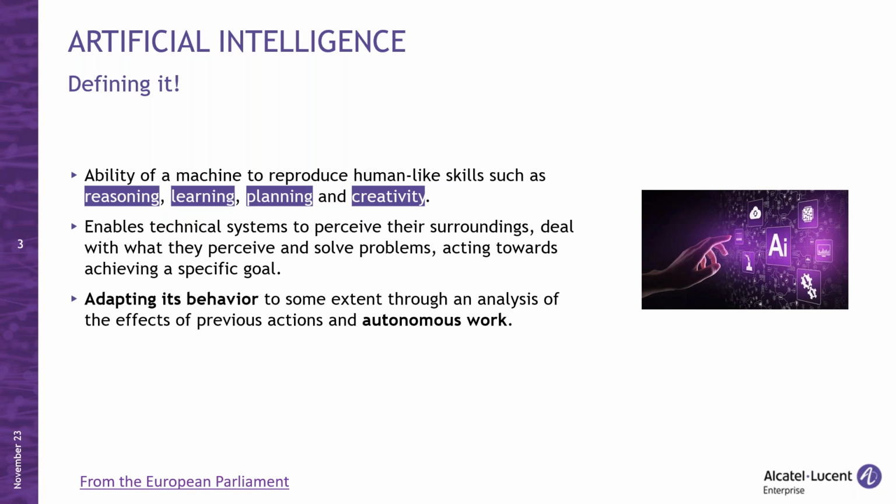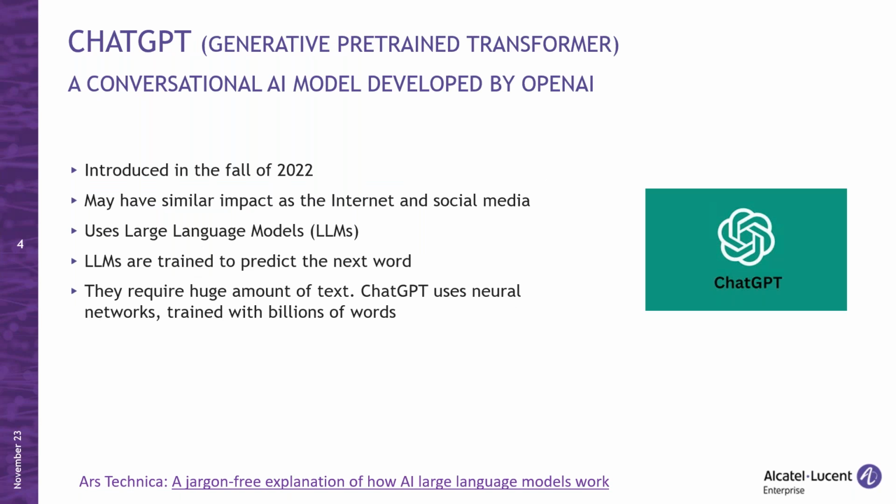Some of you have already tested it, I'm sure of that. Technical systems can perceive their surroundings and solve problems. The constant adaptation of their behavior is based on previous actions and new data collected and learned. That is how AI is defined in a simple way.